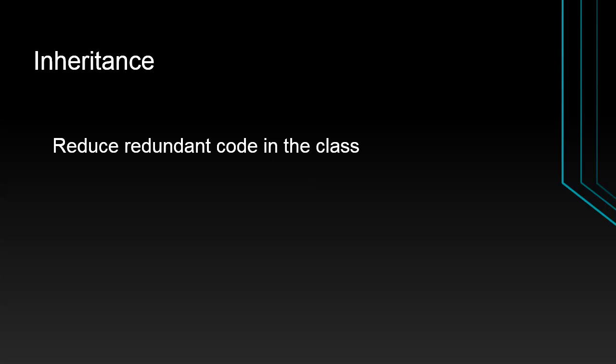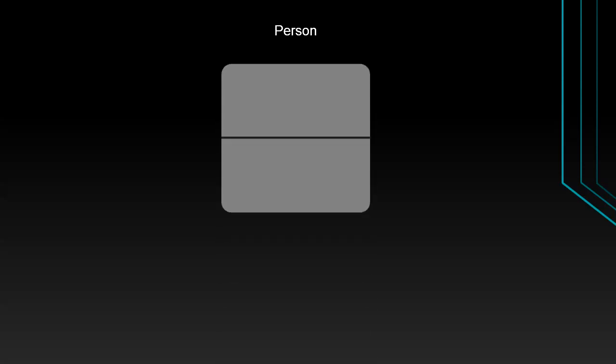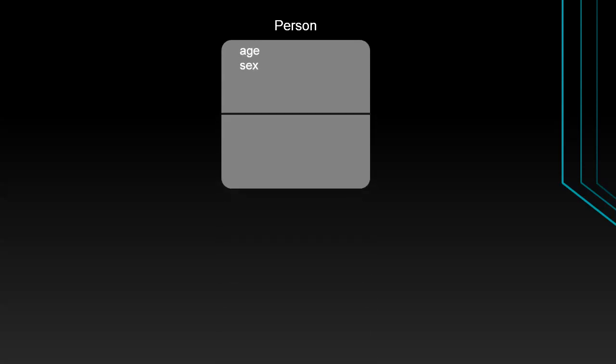Now let us discuss inheritance. Inheritance is used to reduce redundant code in the objects. Let us look at an example. Consider a class person with properties like first name, last name, age, sex and methods like get name, get age and get sex.